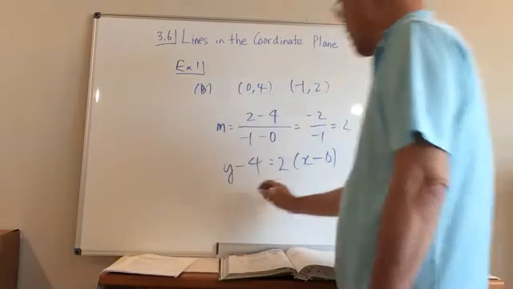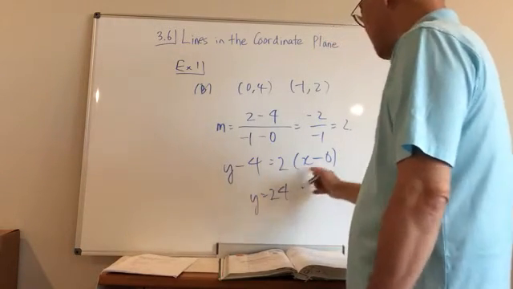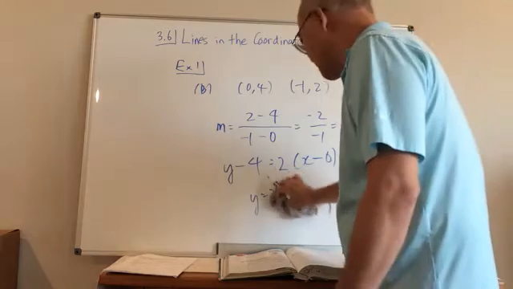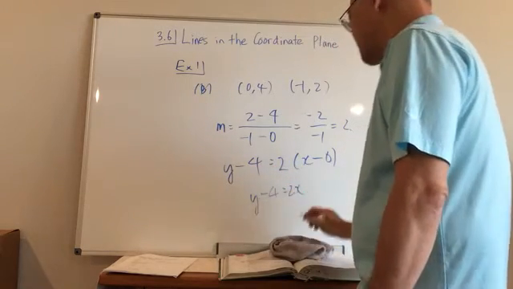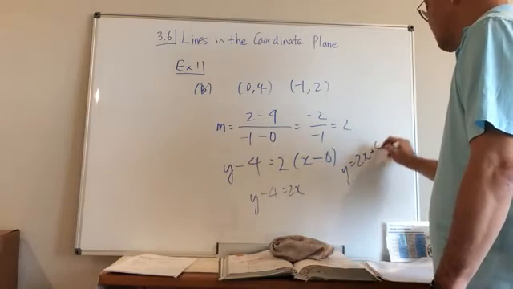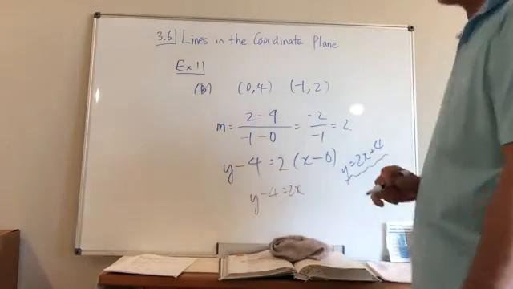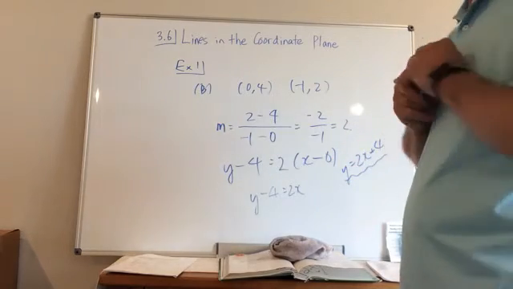So what do I get? y minus 4 is equal to 2x. So I move the 4 over. y is equal to 2x plus 4, and I get the same exact answer. Okay? Right, as I should, right?